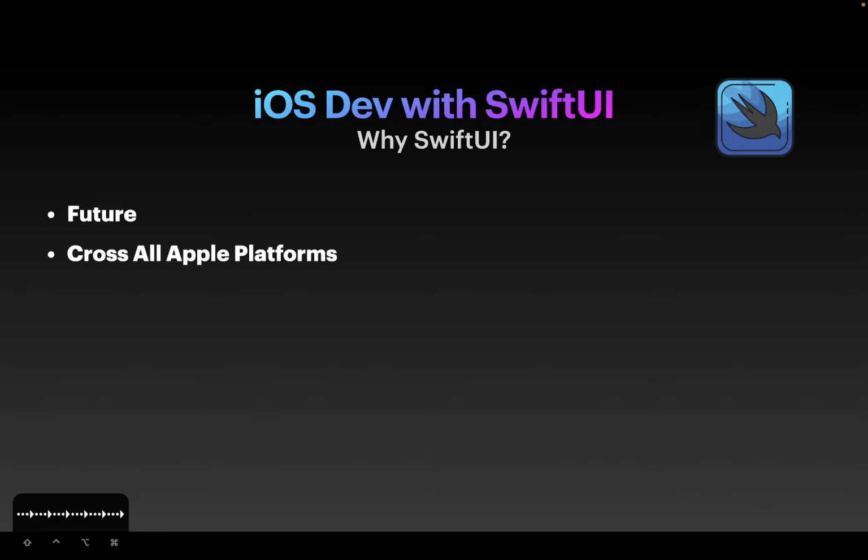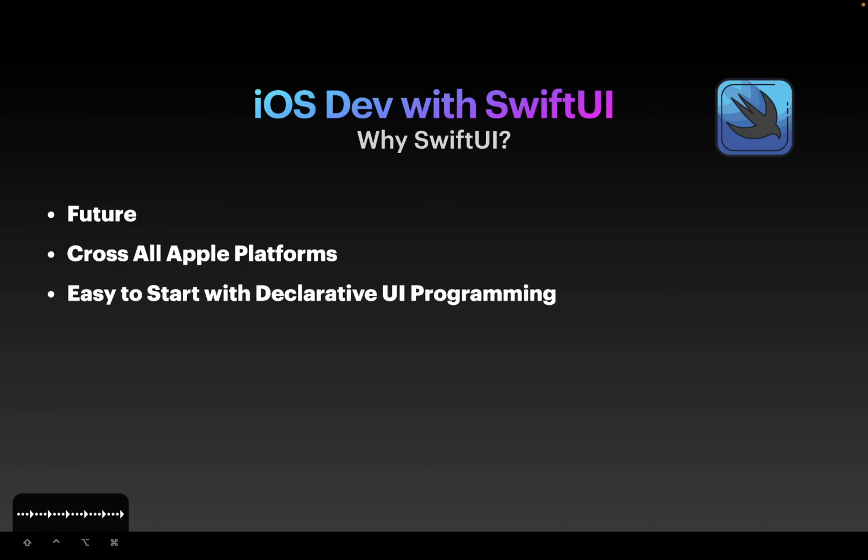Also, SwiftUI works across all Apple platforms. Even though the entire class is going to focus mainly on building iOS apps, as long as you know how to do user interface in SwiftUI, you can do lots of stuff on other platforms like tvOS, watchOS, and also macOS.